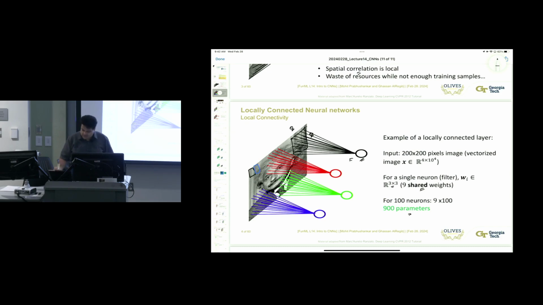Essentially, a neuron will not be looking at the entire image, but at a much smaller portion. So if we are discussing a vector that is looking at a 3 cross 3 patch, then basically it's 3 multiplied by 3, which is 9.